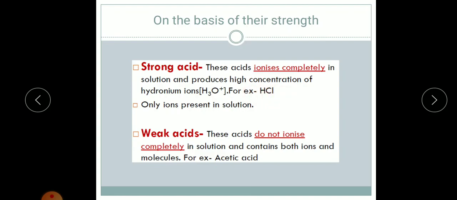Example, HCl, where only ions are present in solution. Whereas weak acids do not ionize completely in solution and contain both ions and molecules. Example, acetic acid.